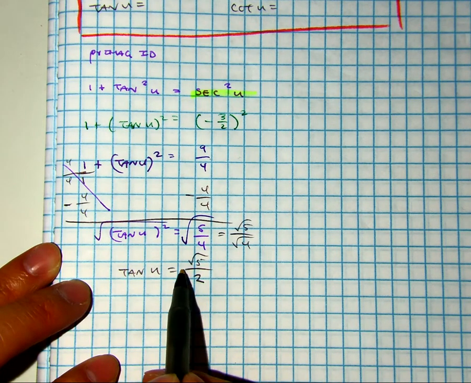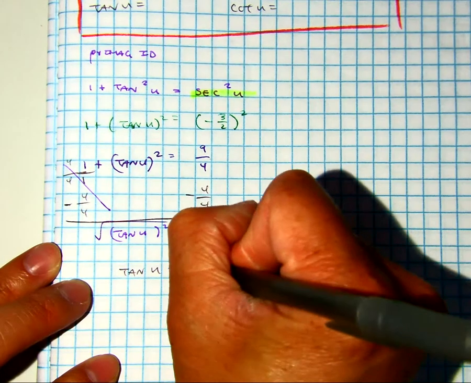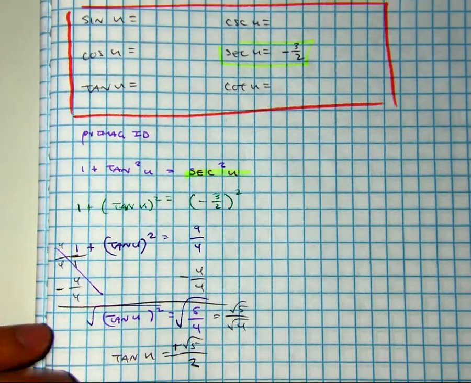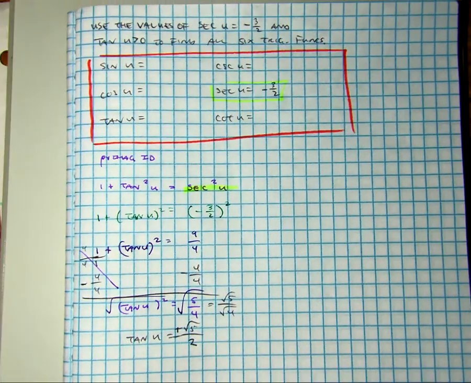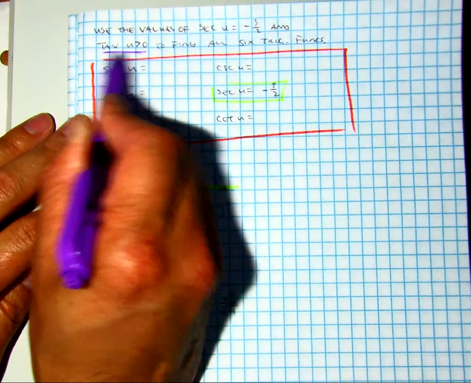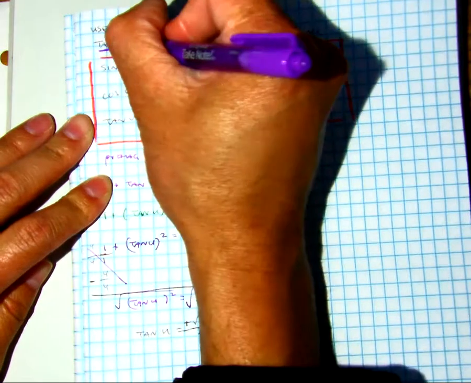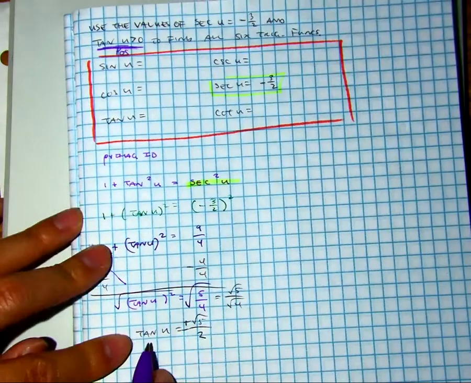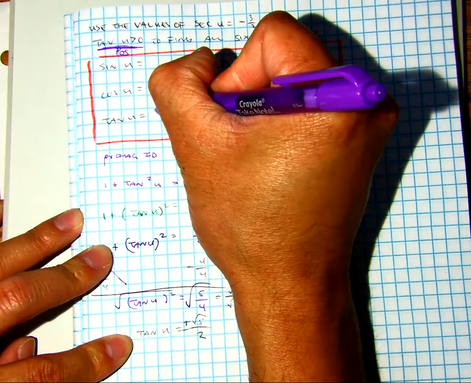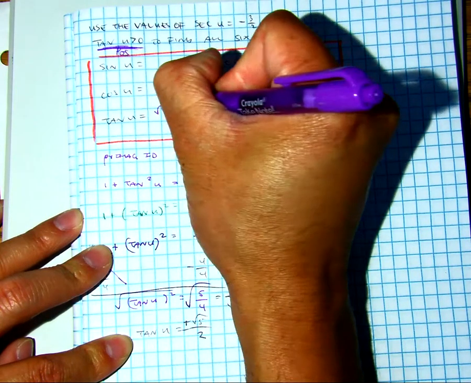This should actually be plus or minus. The reason I'm only taking the positive is because it tells us u is greater than 0, which is another way of saying positive. So this would be tangent of u is radical 5 over 2.